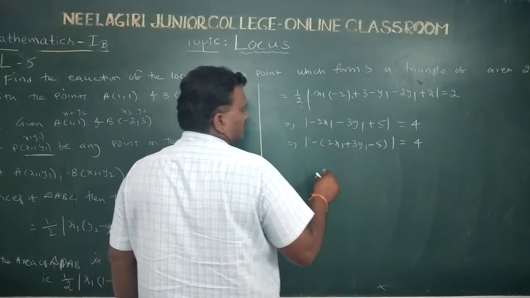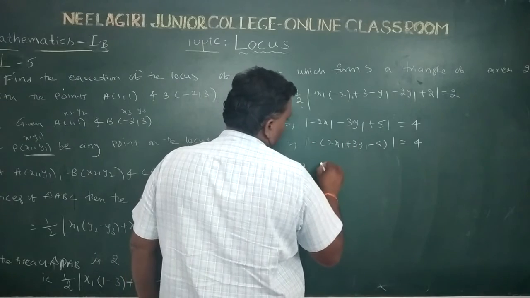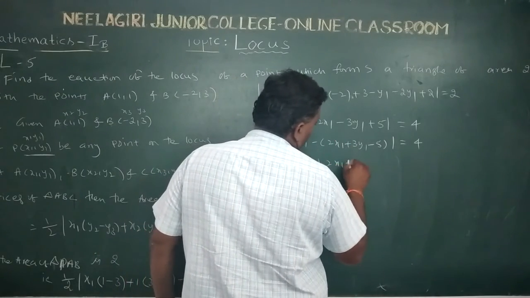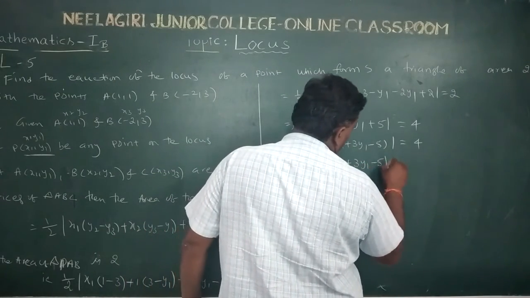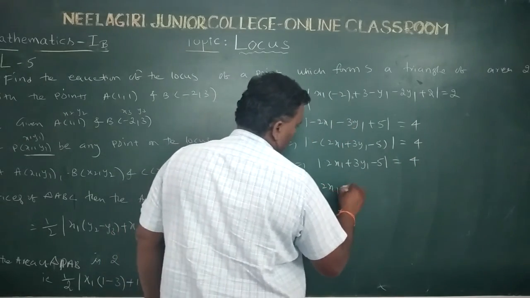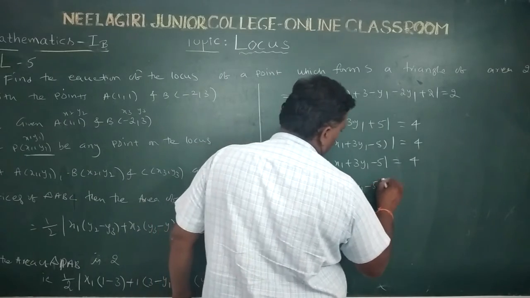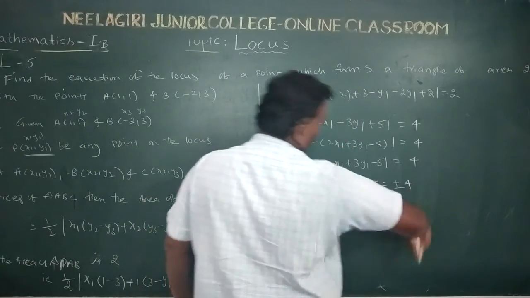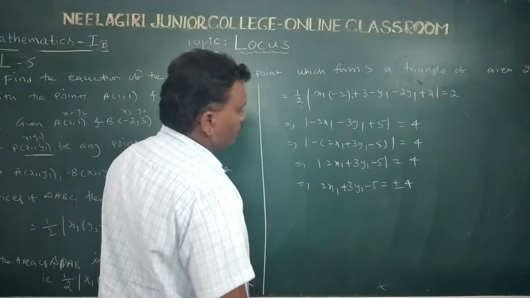Mod of minus is equal to positive always. 2x1 plus 3y1 minus 5 mod is equal to 4, so 2x1 plus 3y1 minus 5 is equal to plus or minus 4.